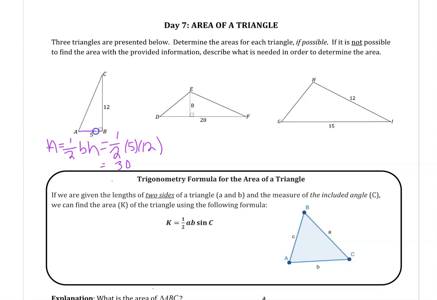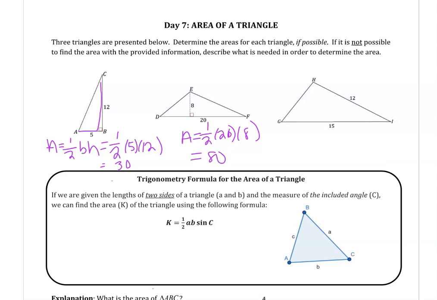I knew I had the base and I had the height because they were meeting at 90 degrees. For the next example, the base is 20, the height is 8, so area would equal 1/2 base times height. So half of 20 is 10 times 8 is 80.